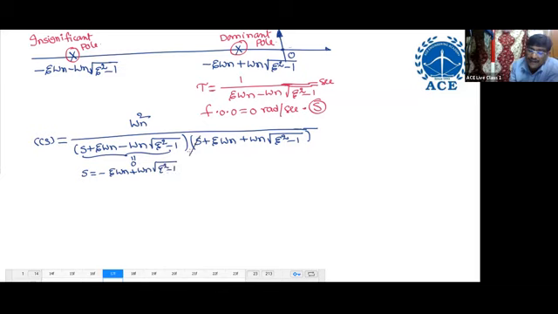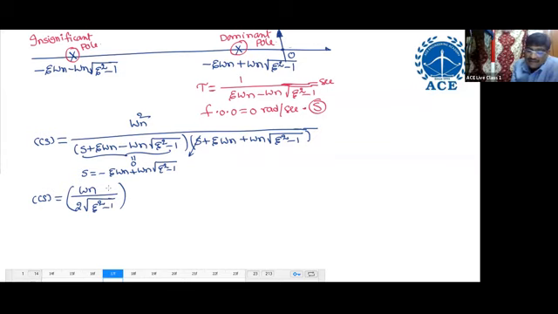If I substitute here, minus zeta omega n plus zeta omega n gets cancelled, then this will become 2 times omega n root of zeta square minus 1.